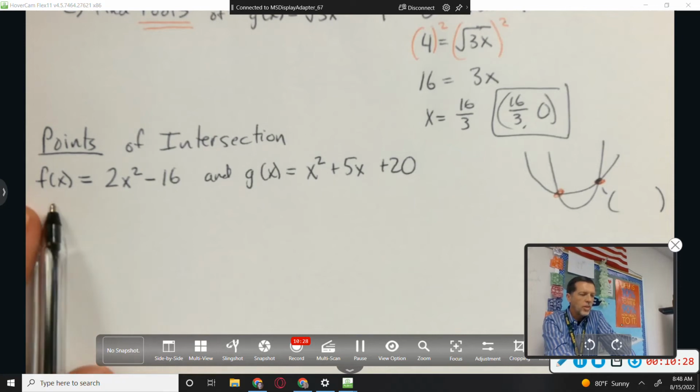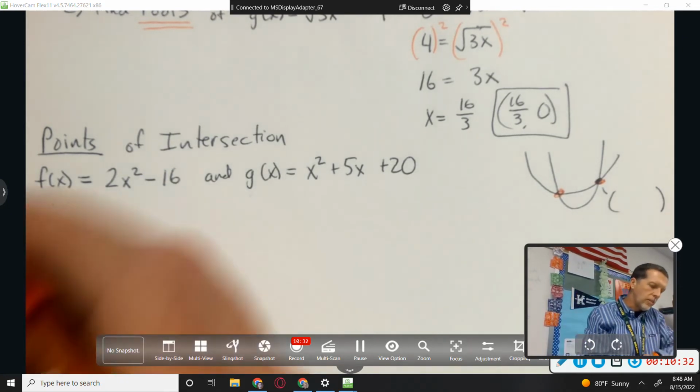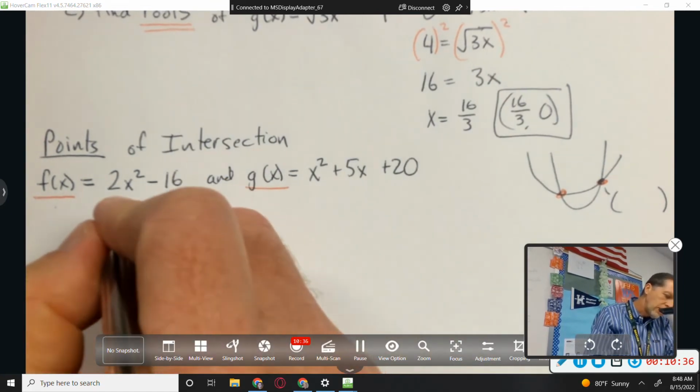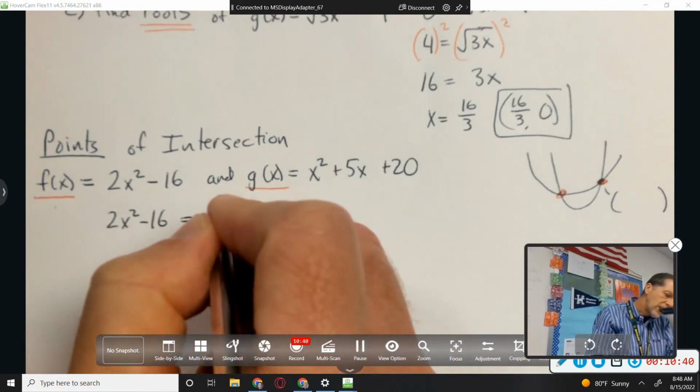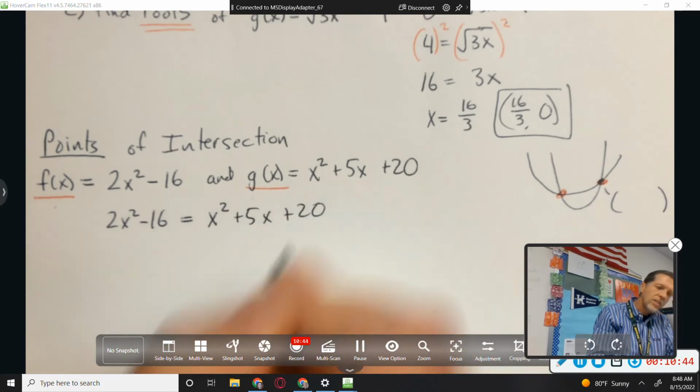So f of x is a y value, g of x is a y value. So if f and g are equal to each other, then that means 2x squared minus 16 needs to equal x squared plus 5x plus 20.